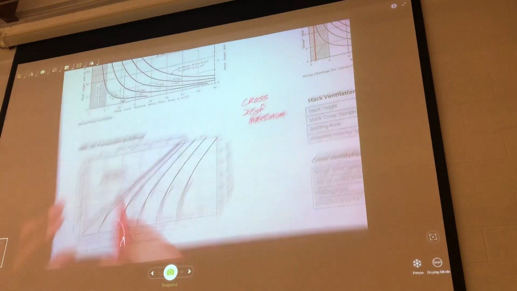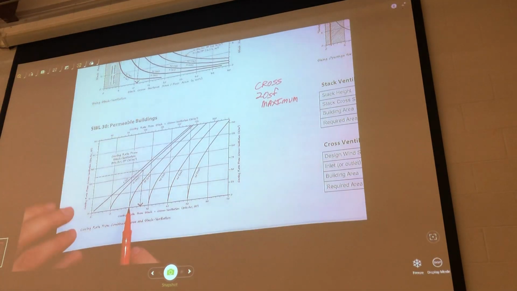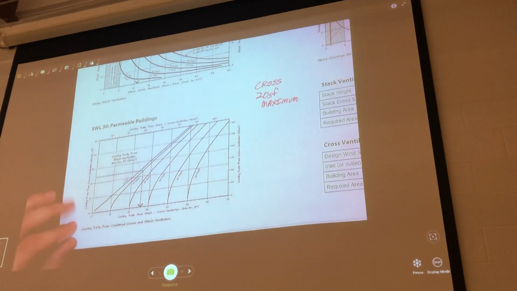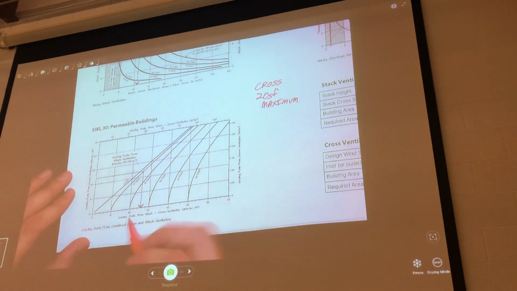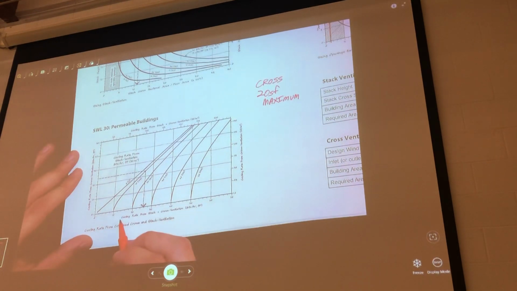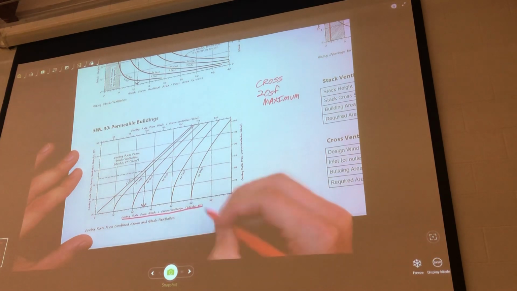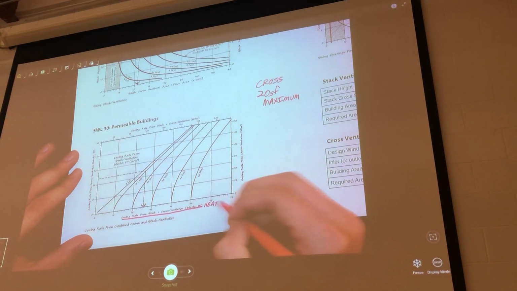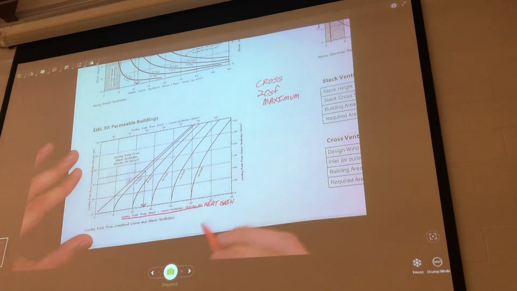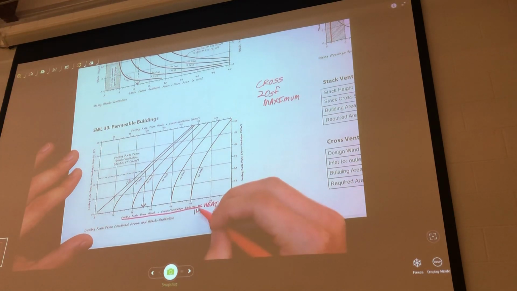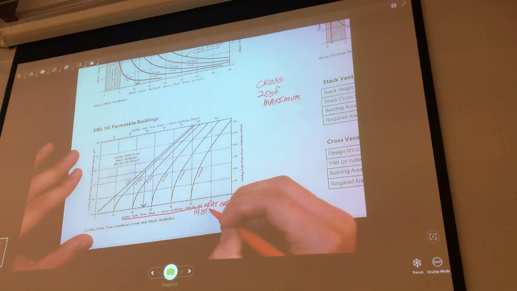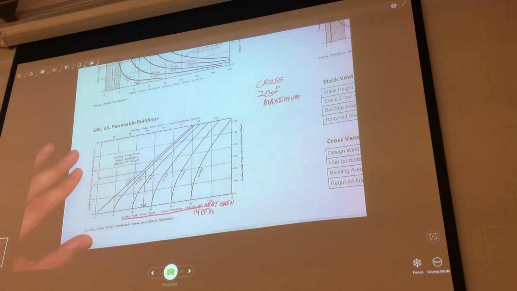That's where this graph comes in. So what we have here is our overall cooling rate from cross and stack ventilation that we want. This is what our overall heat gain is going to be. So in this case, we've got our 14 BTUs that we have to get rid of.